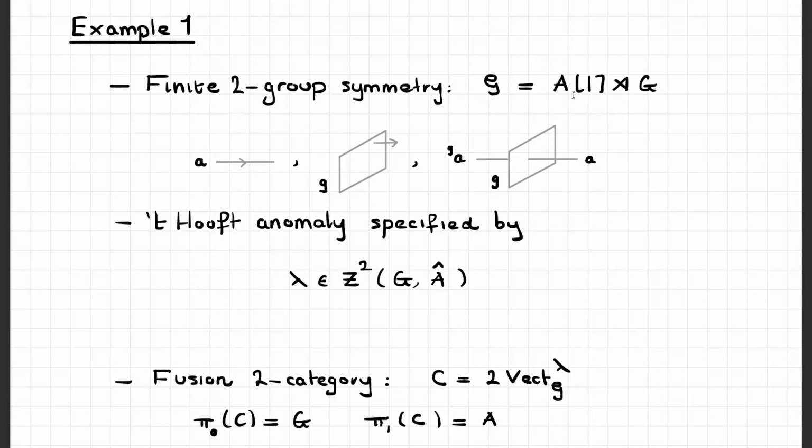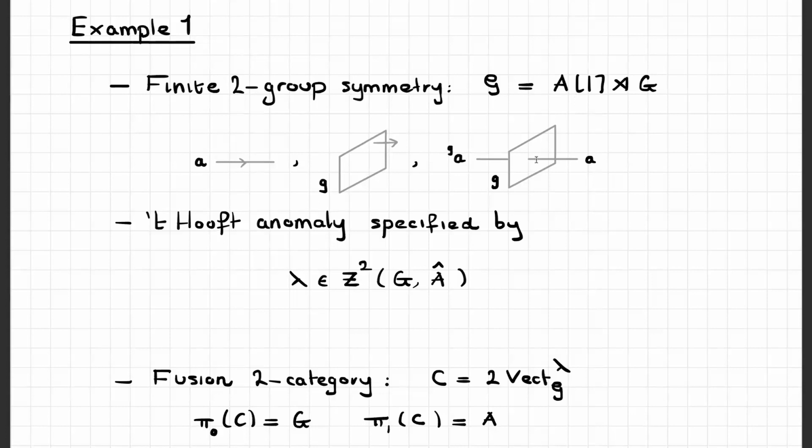And then there's a one form symmetry, A, which is a finite abelian group. And I'll assume here that the two group is split, so it's like a semi-direct product. And the only thing that's really going on is that the surfaces can act on the lines by some action of G on A by automorphisms that I'll denote in this way.